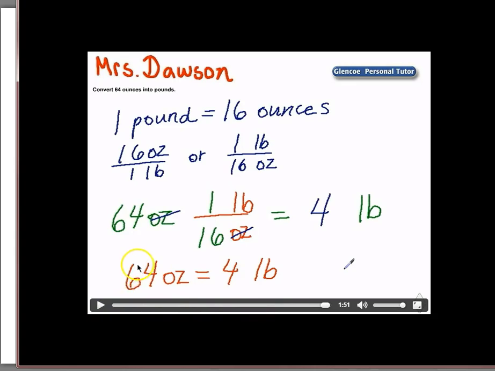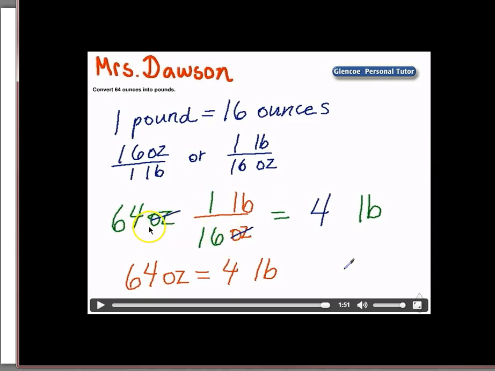Okay, so a unit ratio can be written as 16 ounces over 1 pound, or you can use the reciprocal. Remember, reciprocal means to flip it. So a unit ratio is what we're going to be using today. Also, this whole example right here is dimensional analysis.